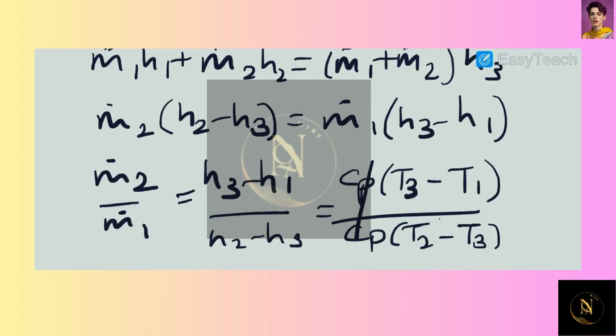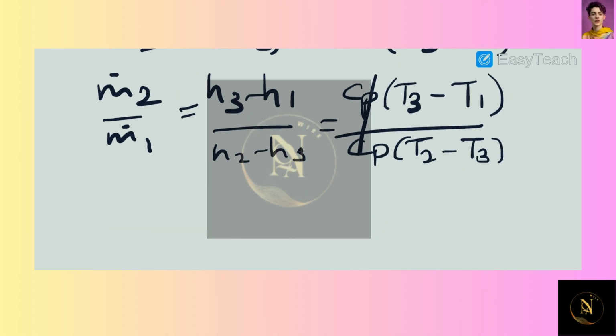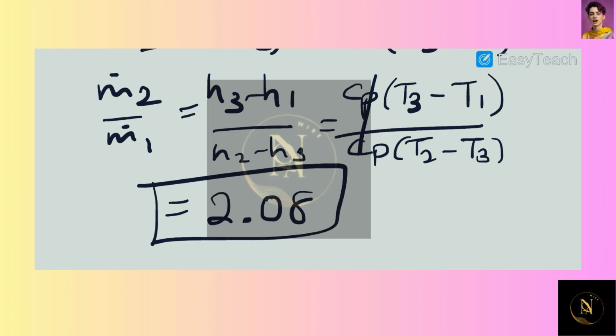As you can see, our Cp values cancel out, and all we're left with is a ratio in terms of temperatures. Now we know T3 to be 42 degrees Celsius, T1 to be 15 degrees Celsius, and T2 to be 55 degrees Celsius. Plugging those quantities in, we see that the ratio of the hot mass flow rate over the cold water mass flow rate is equal to 2.08. And that is one part of our final answer.